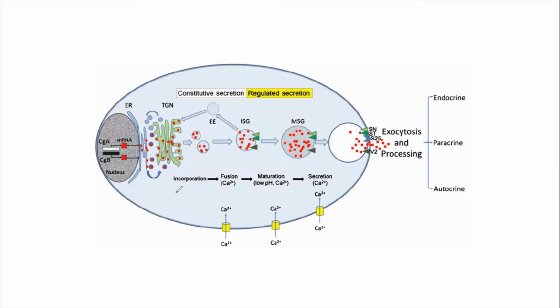Now, when these neurotransmitters are synthesized, they form the vesicles. Now they keep on increasing the calcium level. Once it is done, they get fused with the plasma membrane and released by exocytosis. Okay, in the regulated secretion the calcium is required, and in the protein secretion it is direct.